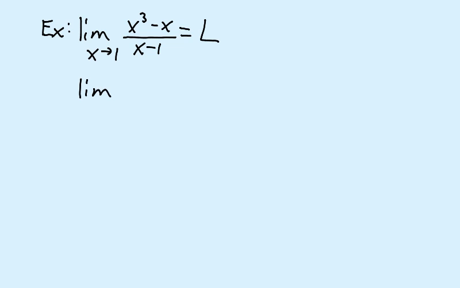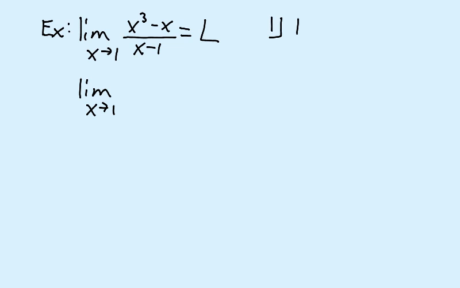Okay, so how about another example for factoring? So the limit as x goes to 1 of x cubed minus x over x minus 1, and the idea here is the same, to see if I can factor the numerator so that the one factor of the numerator will cancel the denominator.